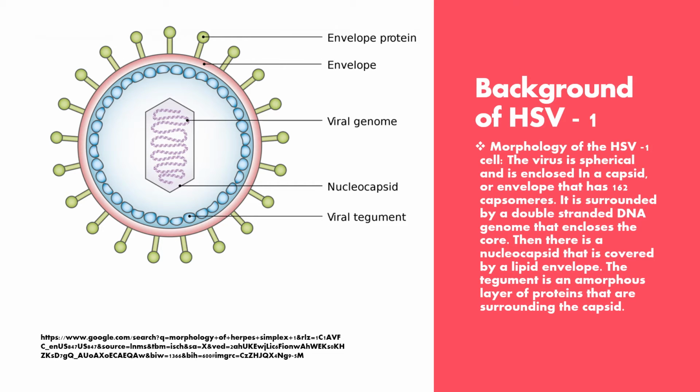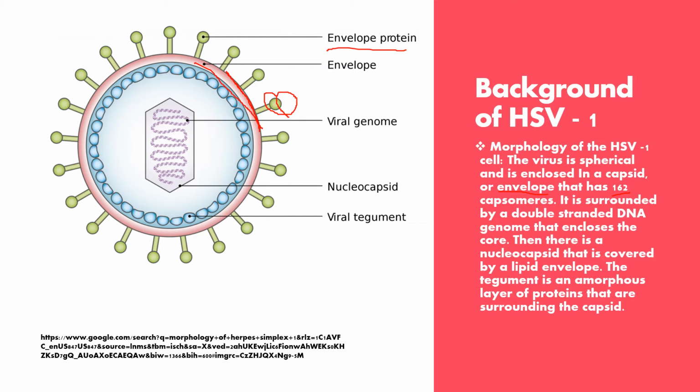The background of herpes simplex virus 1. The morphology of the herpes simplex virus: the virus is spherical and enclosed in an envelope. As you can see here, that's the envelope, and it has about 162 capsomeres, which are these things.